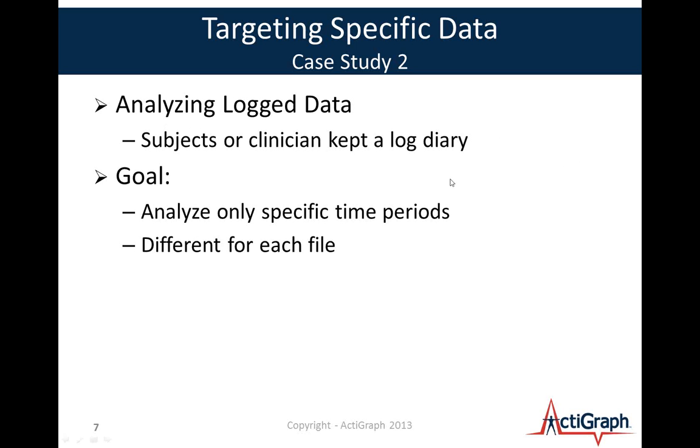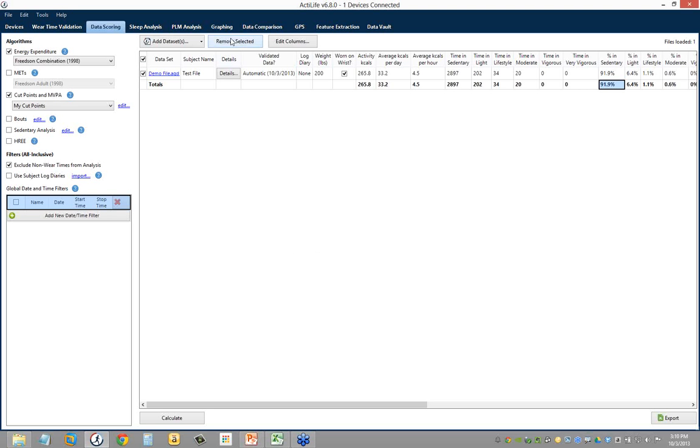So the goal for this case study is to show you that you can analyze just those specific time periods, and they can be different for each file. So it's very similar to the global date time filter, except now we're able to give specific time periods for each file instead of for all the files in my grid at once.